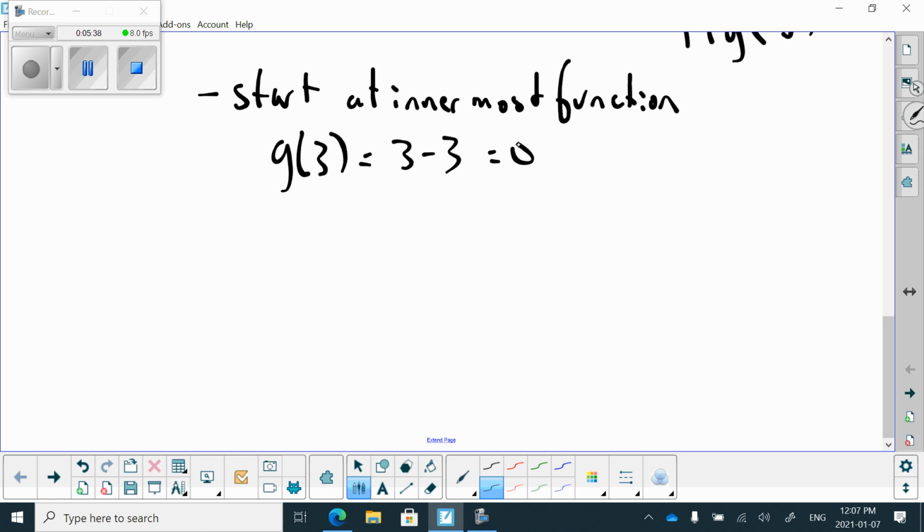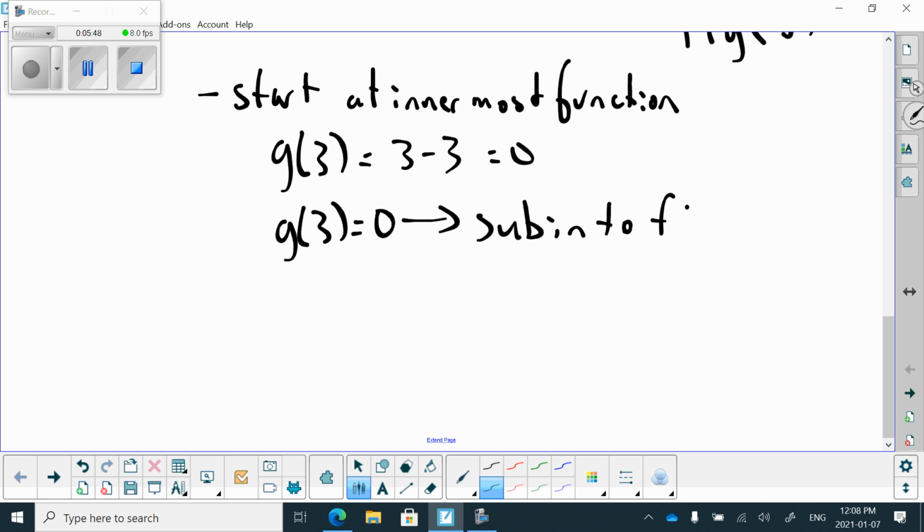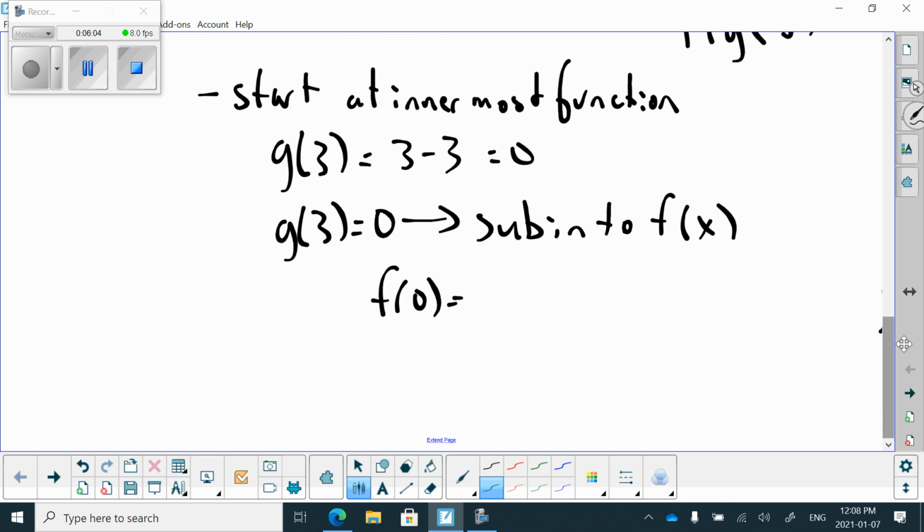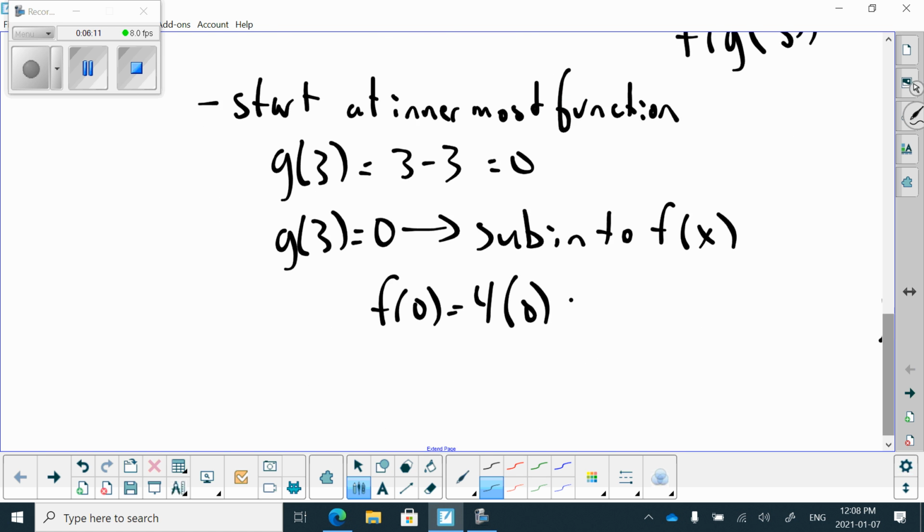So we're going to use that to throw into our f of x. So what are we actually putting in for f of x? 0, yeah. So we have f of 0, and then okay, what's our f equation again? There, take a look. So we'd have 4 times 0 plus 2, which would just equal 2.